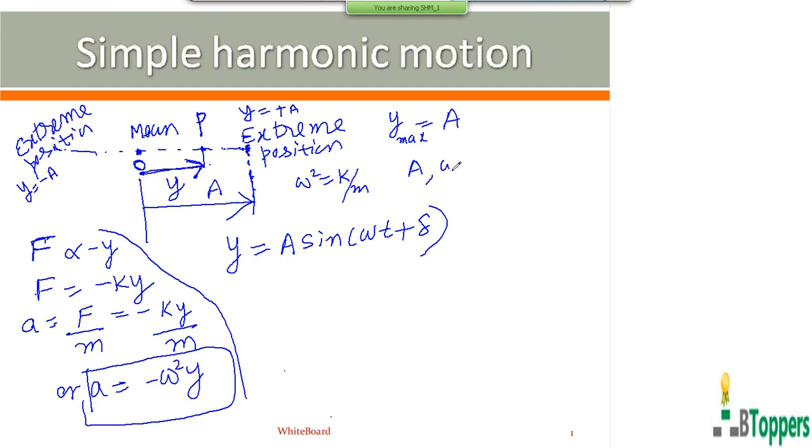The values of A, omega and delta are constants for a given particle performing linear simple harmonic motion. That means this is an acceptable solution of this equation for acceleration.